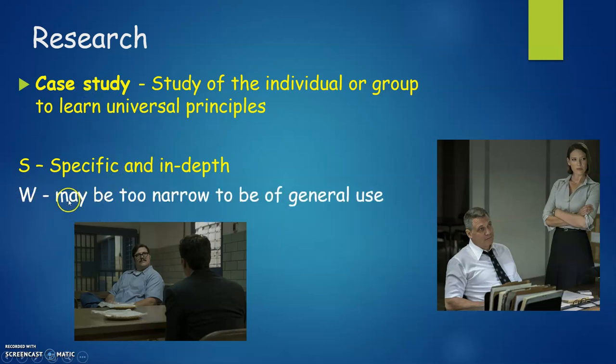A weakness could be that once you get the information, it's way too specific and you can't really use it in the real world. If you interview hundreds of serial killers, that information is really only useful for serial killers and not really to anyone else. And that's a weakness. But again, for the sake of the exam, we're focusing on the strengths.